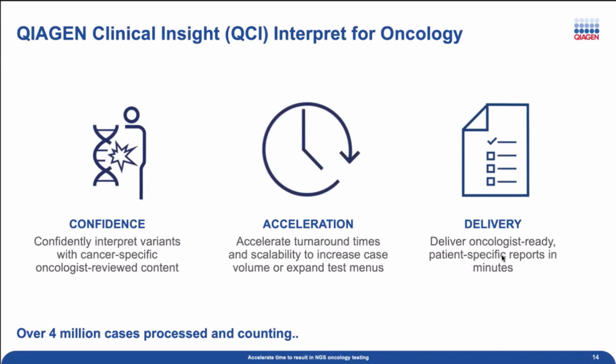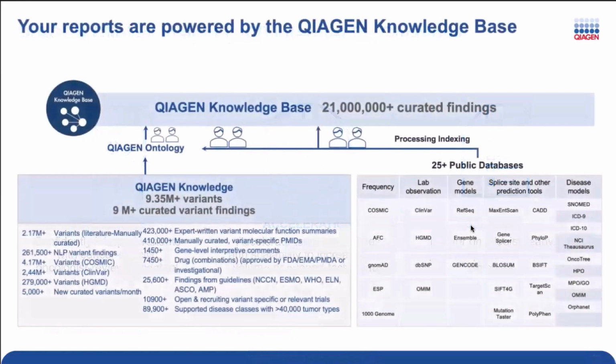The software also pre-selects relevant variants and matches the molecular profile with therapies and clinical trials, so you can produce oncologist-ready and patient-tailored reports in a time-efficient manner. QCI Interpret has processed over 4 million cases so far and counting.